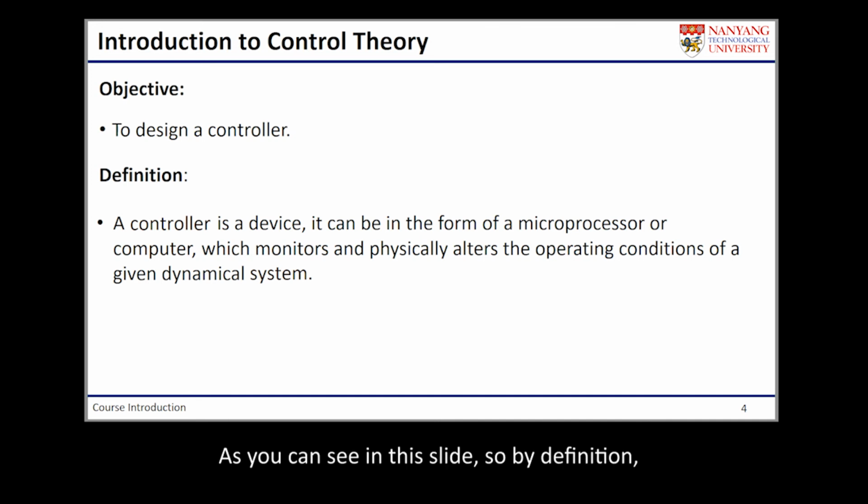So by definition, a controller is a device. It can be in the form of a small computer, microprocessor, or just a simple normal computer, which monitors, in our previous example, the temperature of the room, and physically alters the operating condition of the heat pump of the given dynamical system.